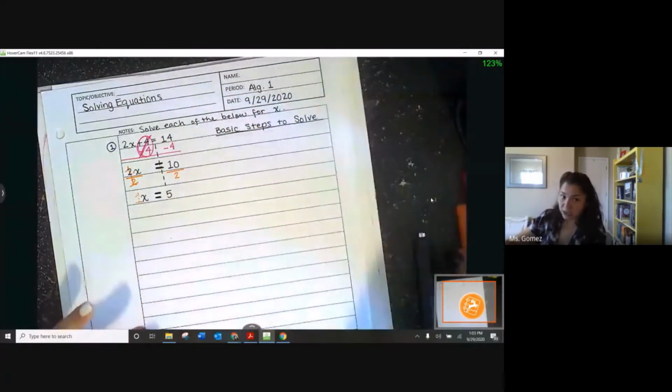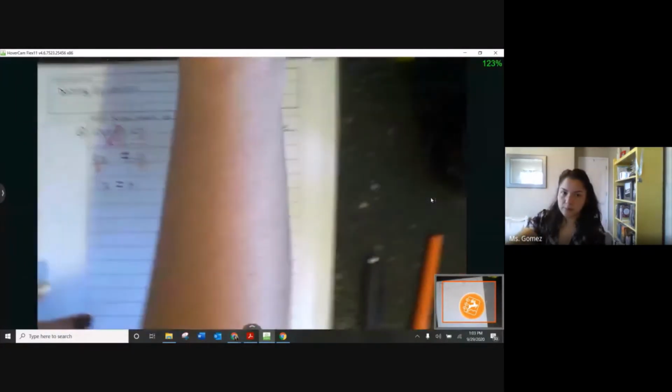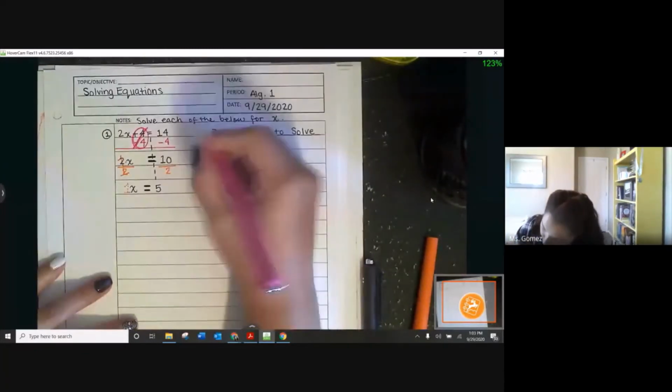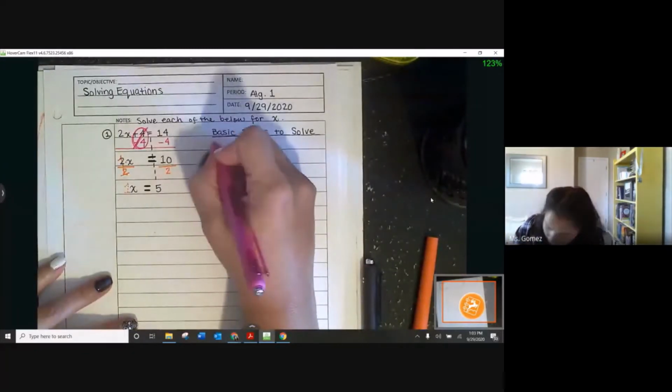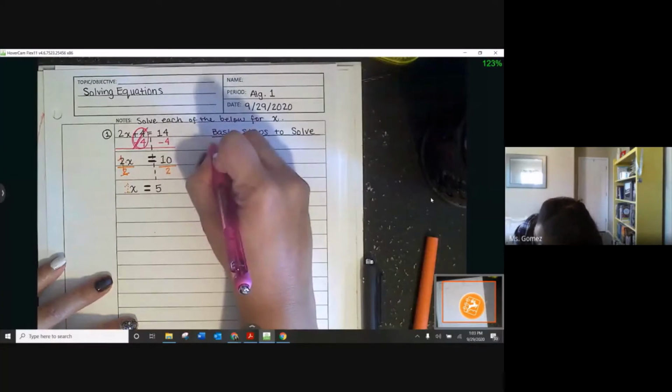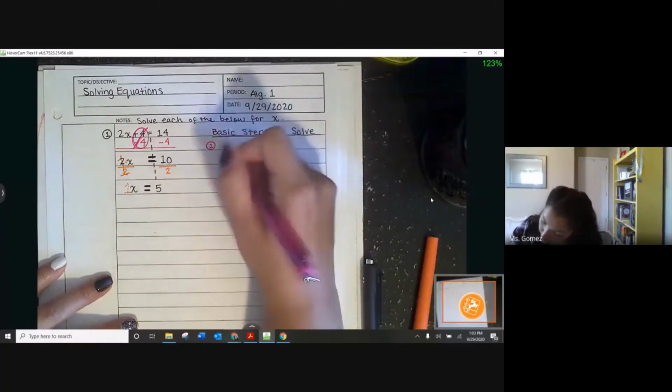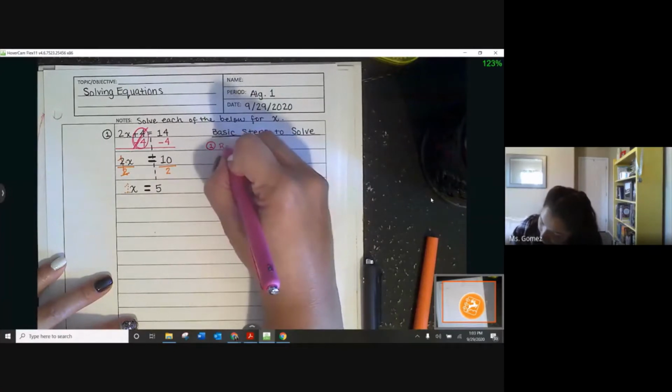And so in pink, there we go. Sorry, didn't mean for it to be all twinkle. That was our first step. And what we did was remove our constant.